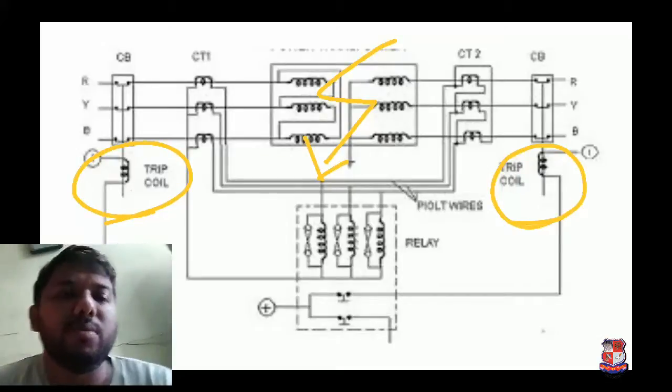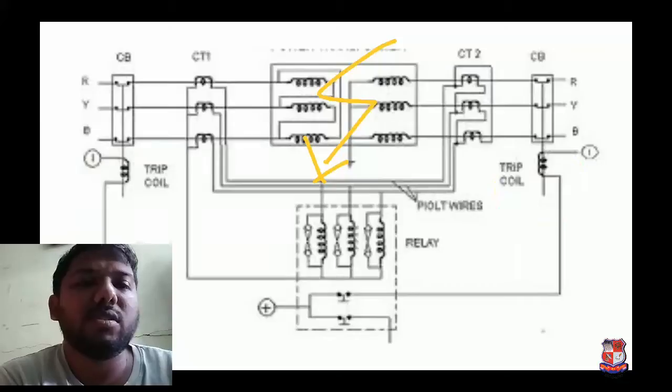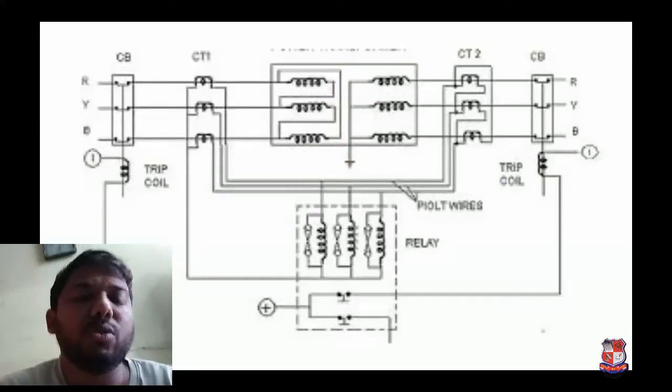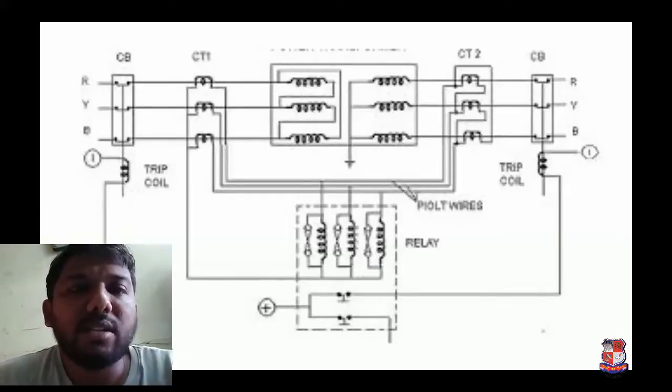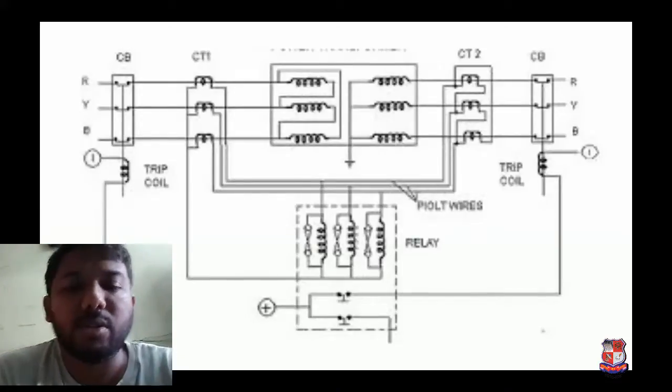Now, there is one question related to turns ratio. Why do we require the turns ratio as well as the CT connection in power transformer?